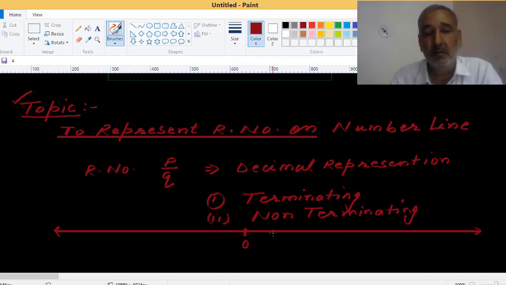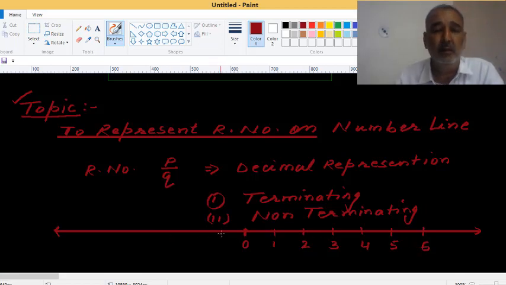In class 6th or 7th, we have learned how to represent integers on this line. We take positive integers towards the right, and negative integers towards the left.